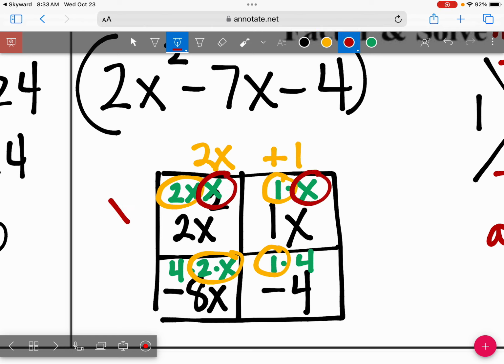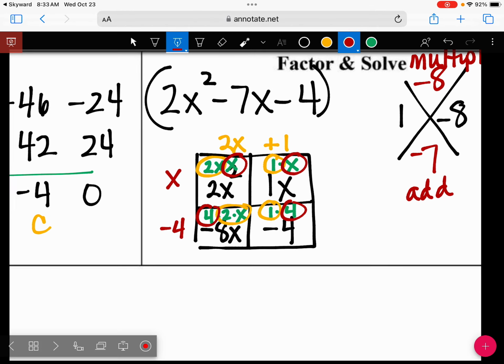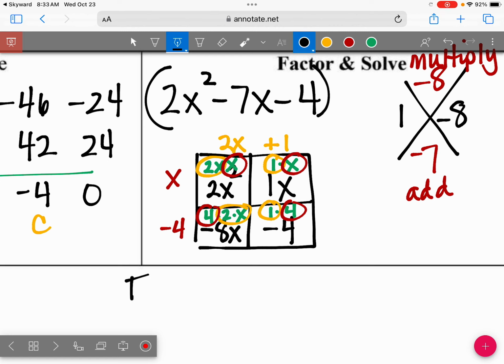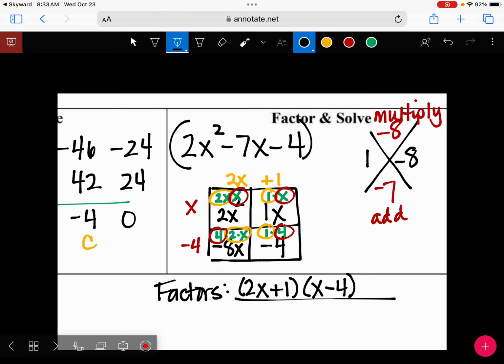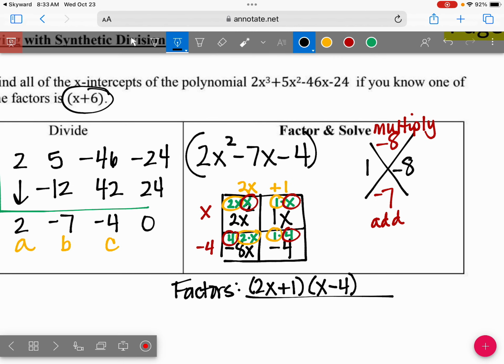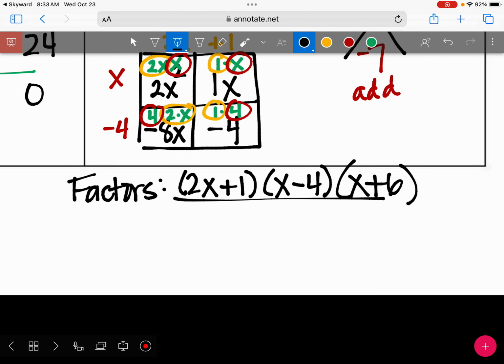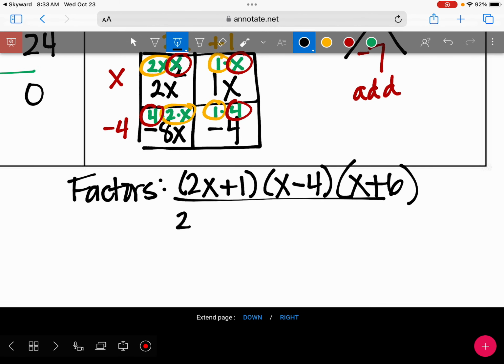All right, who had 2x plus 1 and x minus 4? Okay, good. So our factors will be the 2x plus 1, the x minus 4, and then what did they tell us at the beginning? x plus 6. Go ahead and set all 3 of those equal to 0 to get your 3 solutions.